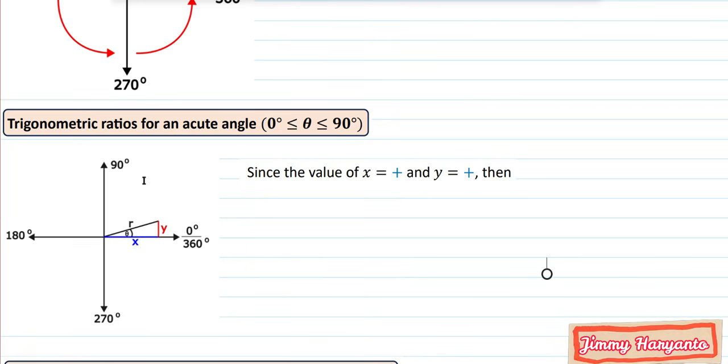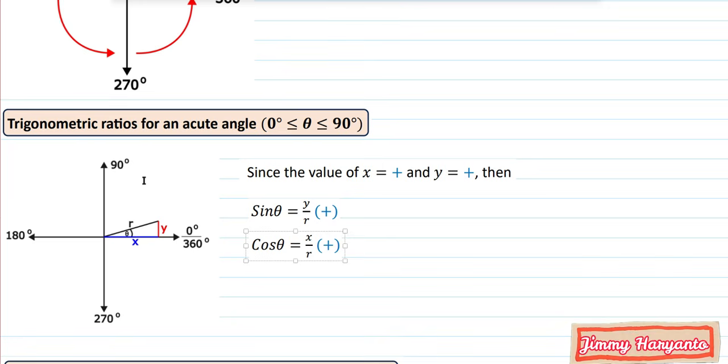And since the value of x is positive and the value of y is positive, then the value of the sine will become, remember, opposite over hypotenuse. The opposite is y, the hypotenuse is r. Both y and r have a positive value, so the value of the sine is positive also.